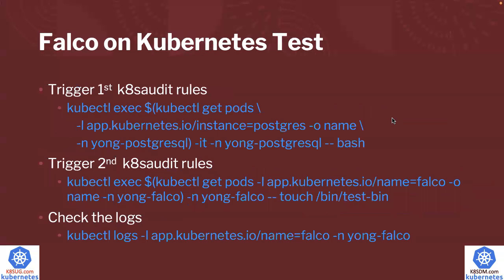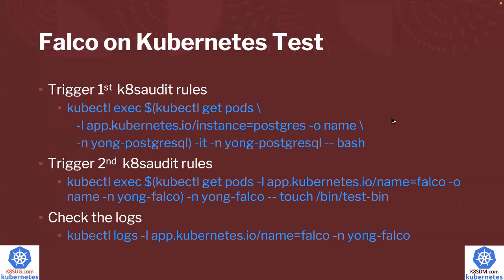And how to test it? I deployed Falco to the EKS cluster, and I want to see if it is actually taking some actions and detecting my events. In my example, I trigger two events. The first one is I exec into the containers. It's a suspicious activity, right? We will see if we capture these events.